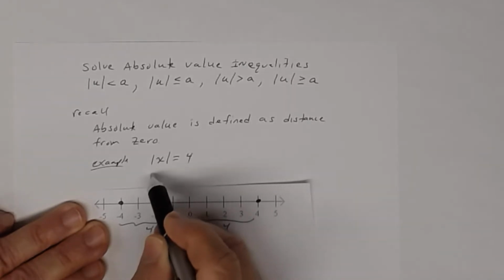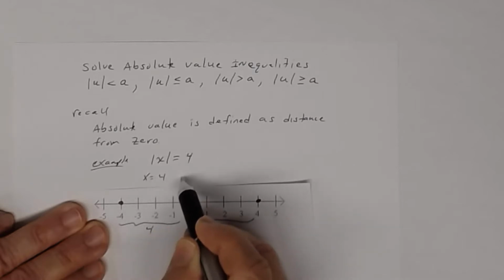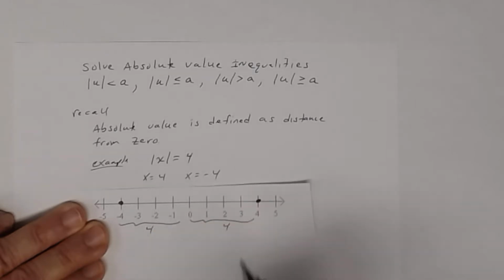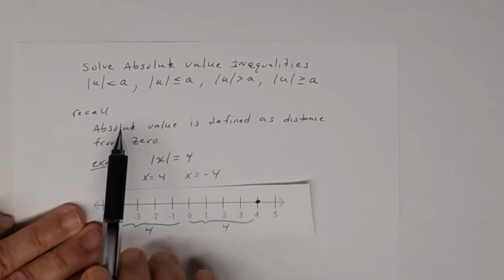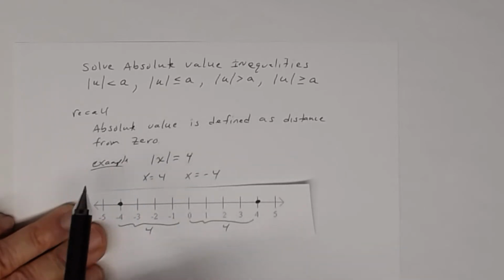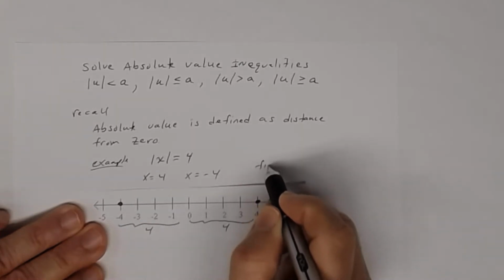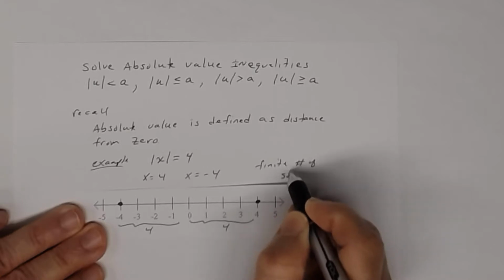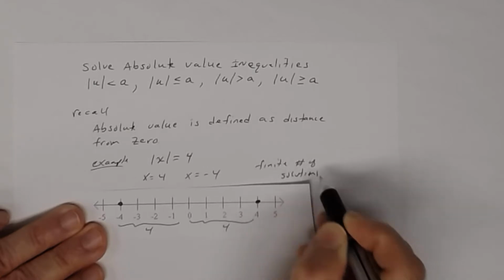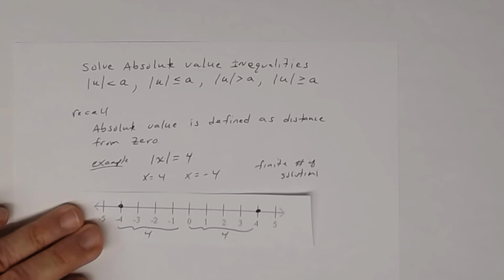So you would say x equals 4, and then x equals negative 4. But the point here is that absolute value is defined as the distance from 0, and in this particular case, we had a finite number of solutions.